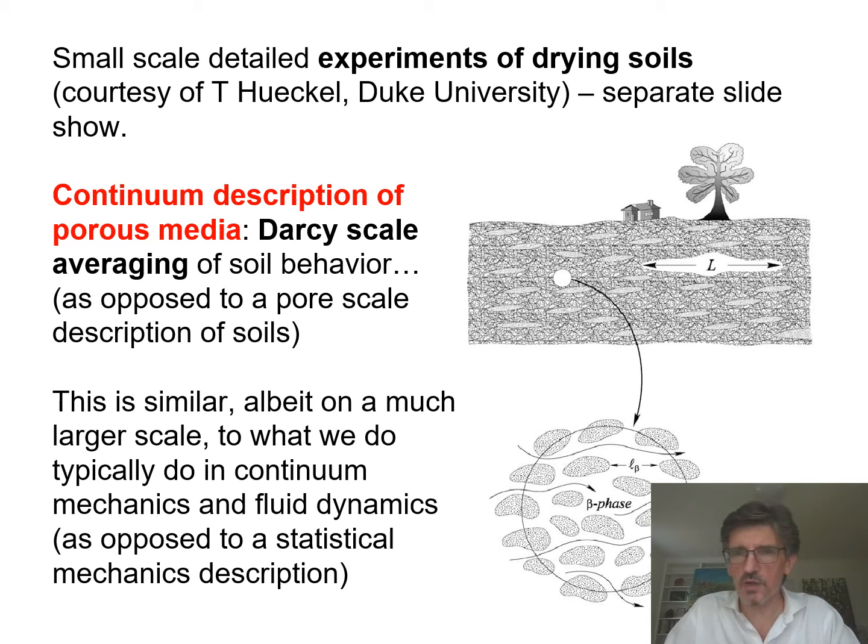Let me emphasize once more that what we are doing is assigning values at a point, but really averaging around a control volume that contains many grains that allow us to do a statistical description. This is the Darcy scale averaging of soil physics, of soil hydraulics.